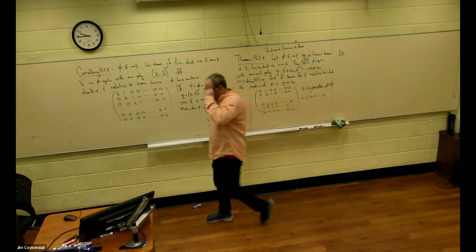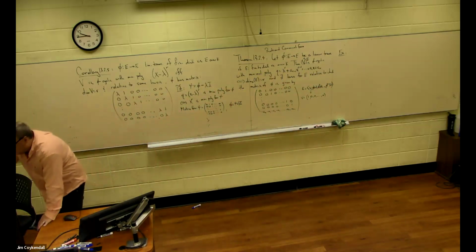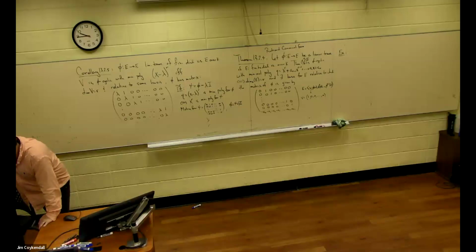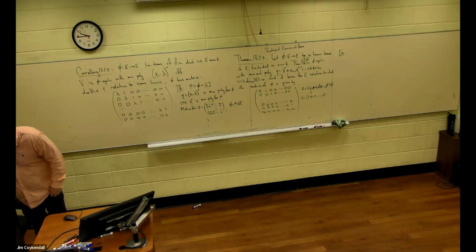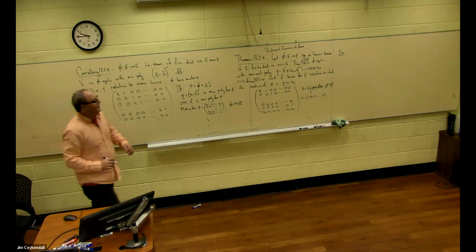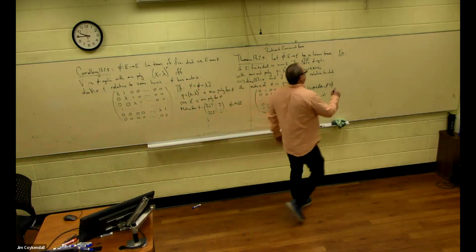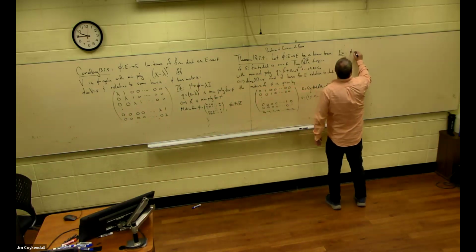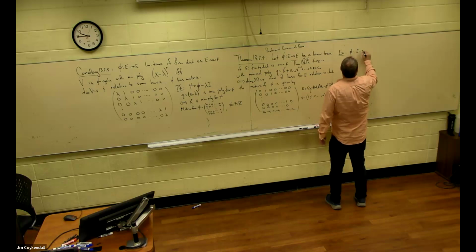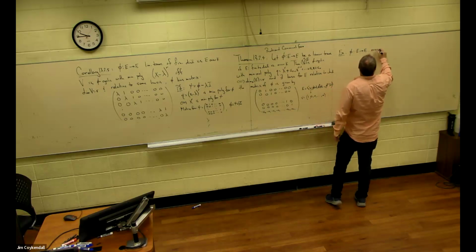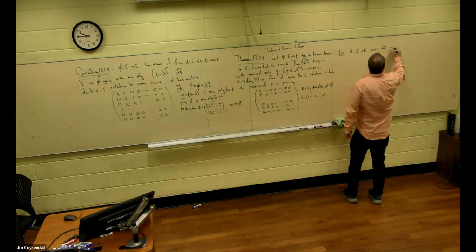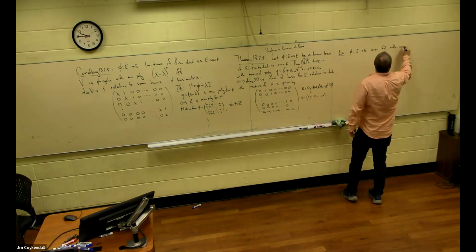Let's suppose that I have a linear transformation phi from E to E over Q with invariant factors.